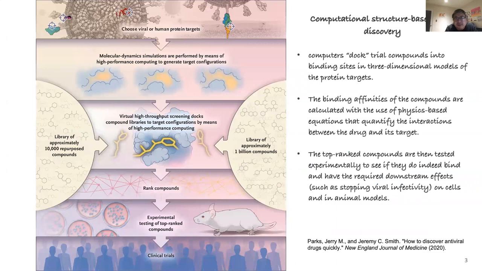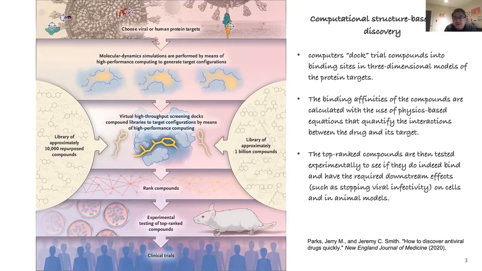And one of the approaches shown in this figure is the use of computational structure-based drug discovery. In this process, as this figure shows, computers dock trial compounds into binding sites in 3-dimensional models of the protein target.